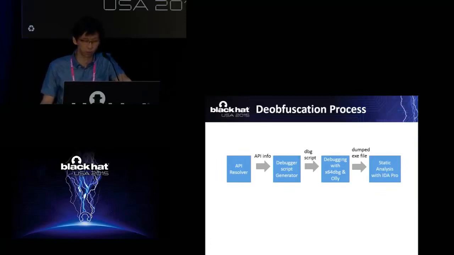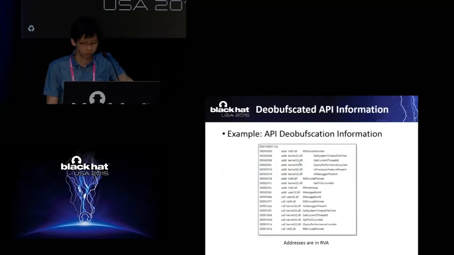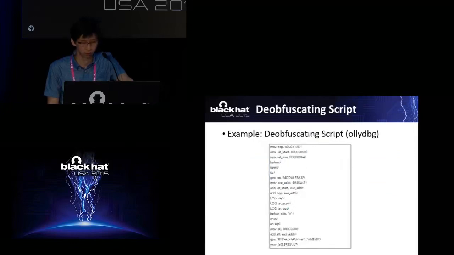When we debug the packed binary with the debugger script, we can get the deobfuscated file. And when you dump the file, we can do static analysis with IDA Pro. I showed the text file and the deobfuscation script.